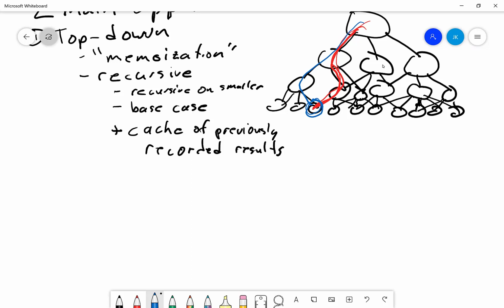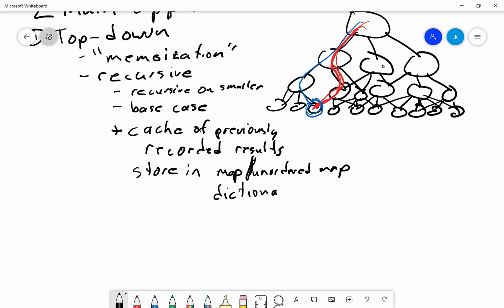So a typical way that you might do that is you will often store this in C++, you would call it a map or an unordered map. In Python, you would just put it in a dictionary, something where you associate the input state with the output, and then you look things up.